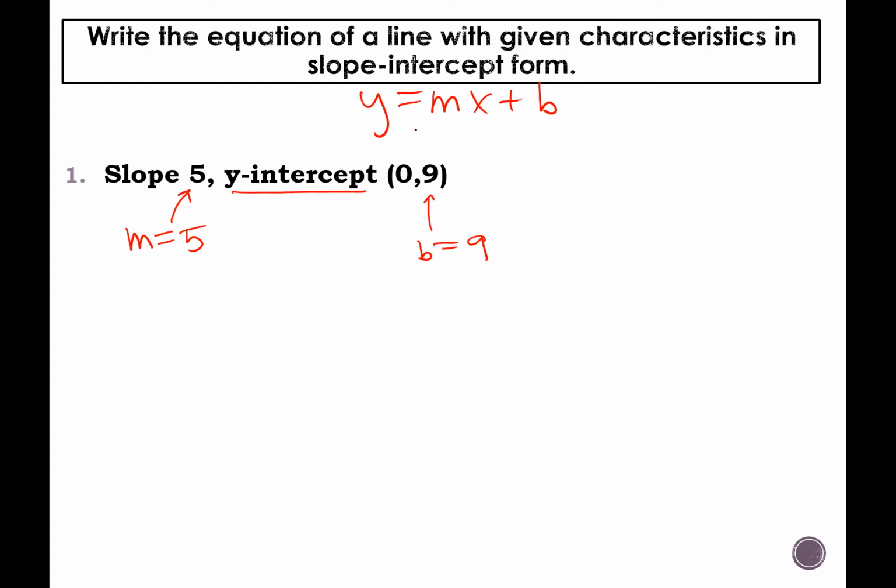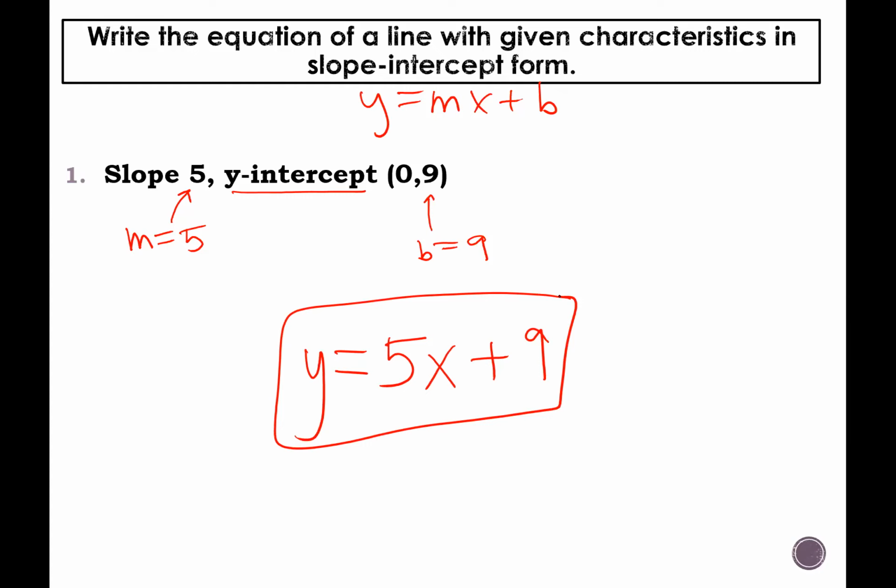We don't really need to do much work other than just plugging in to y equals mx plus b. So we can get straight to our answer. So our answer is y equals, instead of m, we will write 5, and then x plus, instead of b, we'll write 9, and that's it. So y equals 5x plus 9.